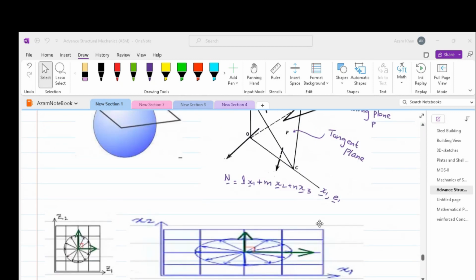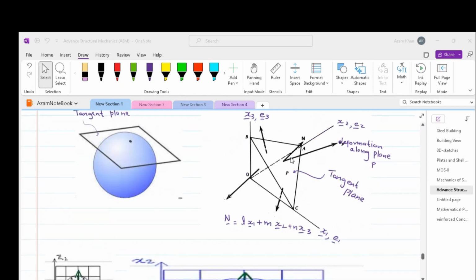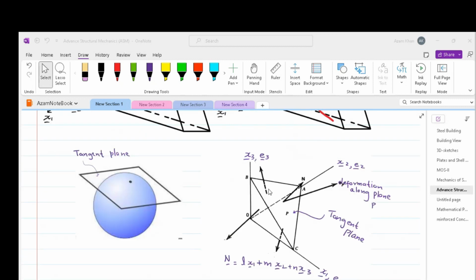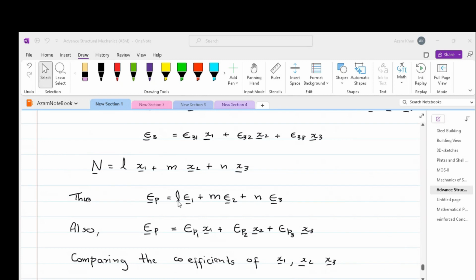As we said, the outward drawn normal for the reference plane ABC is Lx1 plus Mx2 plus Nx3, thus strain P, which is the resultant strain of all the fibers that have got tangents on the plane ABC, is equal to L times strain 1 plus M times strain 2 plus N times strain 3.